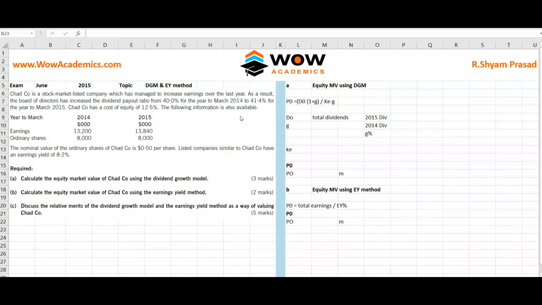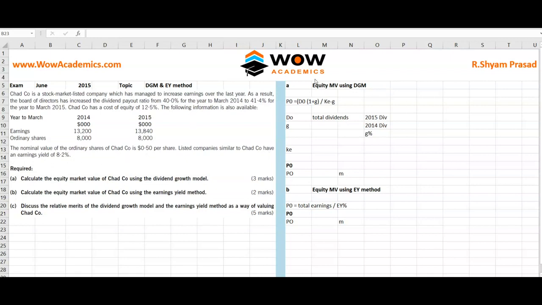The following information is also available. We have the 2014 data and 2015 data, and the numbers given are in thousands. We have earnings, we have ordinary shares, and the nominal value of the ordinary shares of CCO is 0.5 per share. Listed companies similar to CCO have an earnings yield of 8.2%.